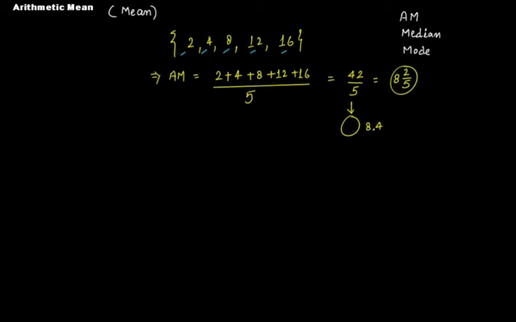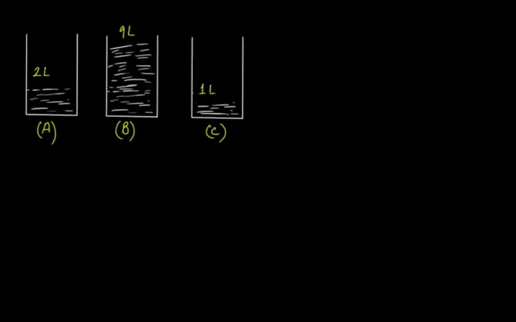So either of these will be the arithmetic mean for this data set. The way is to first add all the given values and divide that sum by the number of values present in the data set. Let's understand this further using some real life examples.